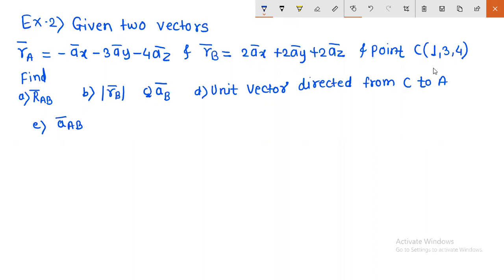So you can write this vector as small r bar C. Then you first find small r bar CA, then find the magnitude, and then you can find the unit vector. Similarly for finding unit vector a bar AB, you have to do the same process here.